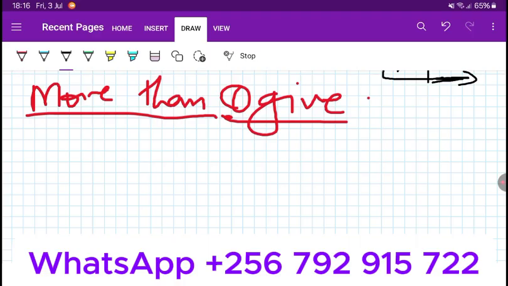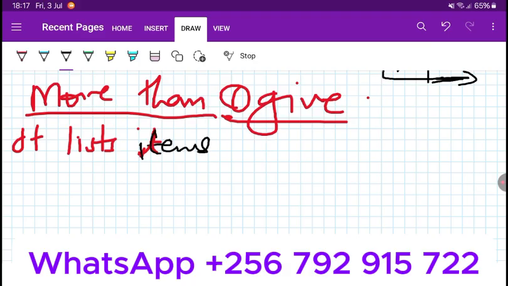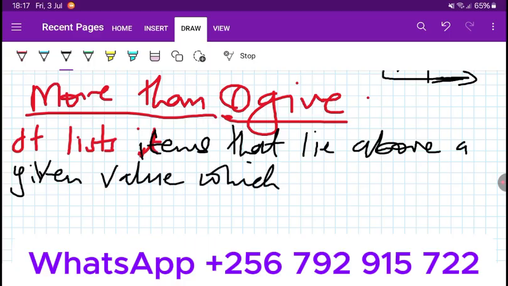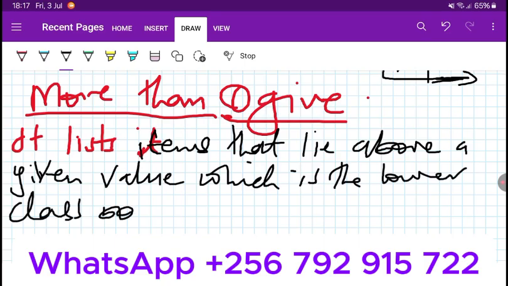Of course, this one, it lists items that lie above a given value, which is the lower class boundary.